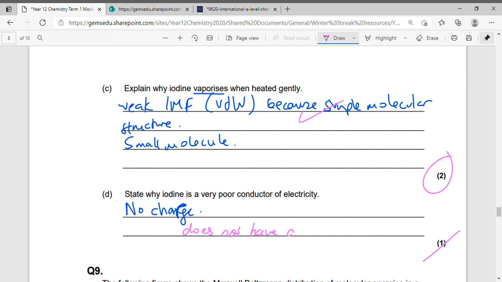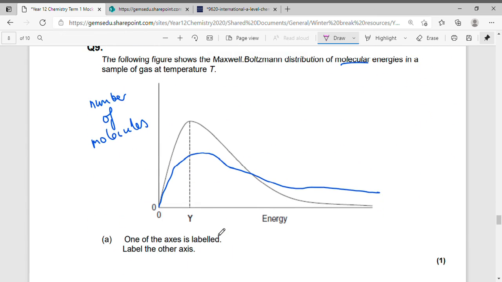Delocalized for free electrons. Okay, might I just add this here? Iodine for electricity does not have delocalized electrons, so I just wanted to add that here.